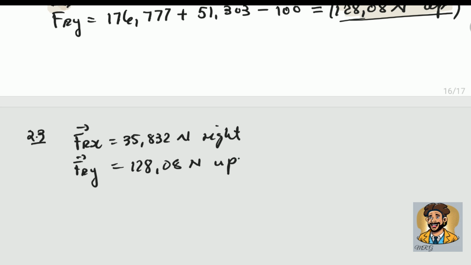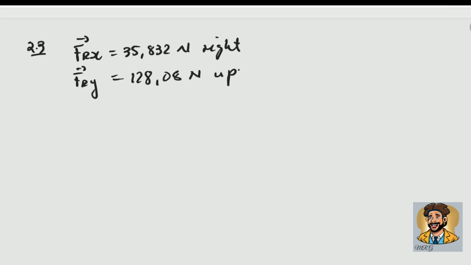Up. Now, what did I do with this one? Well, we need to get an idea in terms of the direction. We have that FR in Y is up and equal to 128,08 Newton, and we have that FR in X, which is a smaller one, but this is not to scale, so it doesn't really matter, is equal to 35,832 Newton.